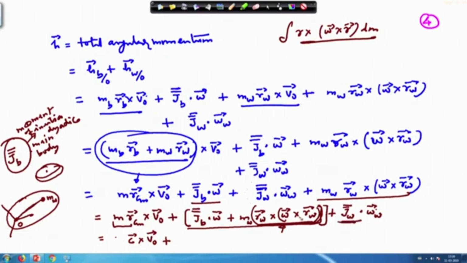We will have to expand it a little bit and then write it.